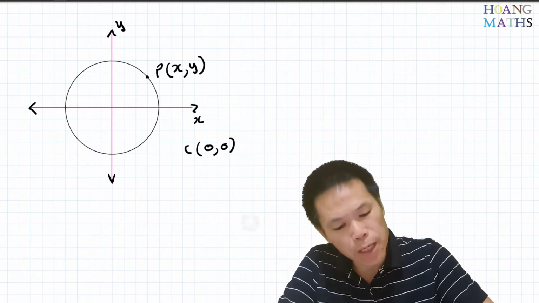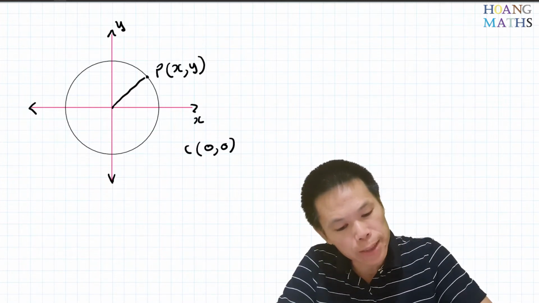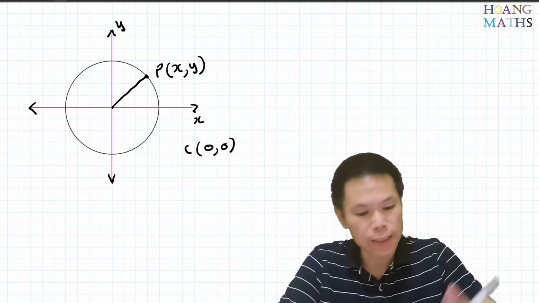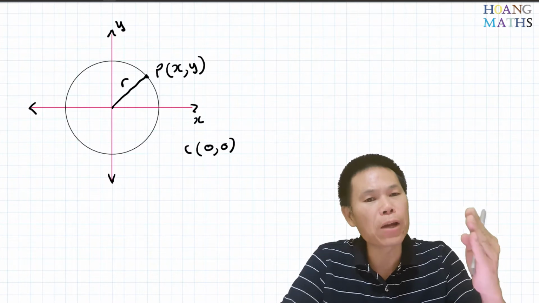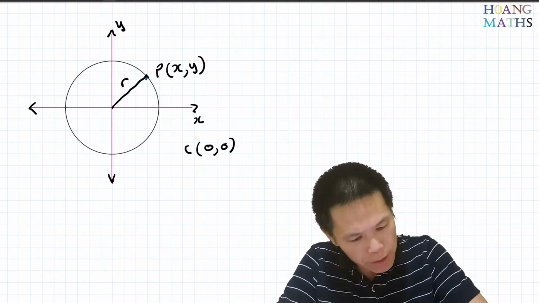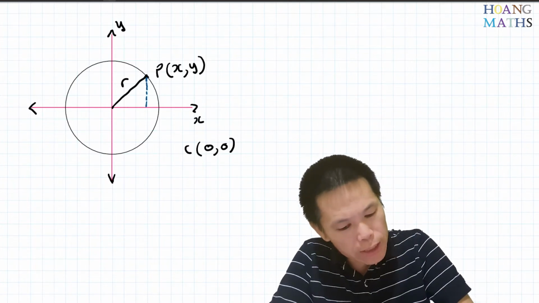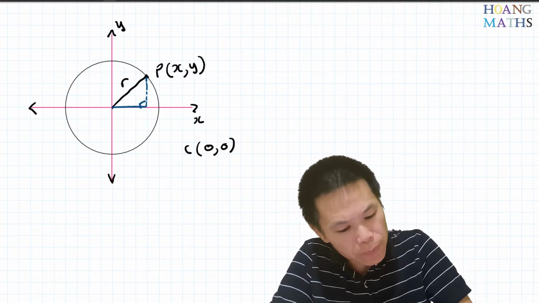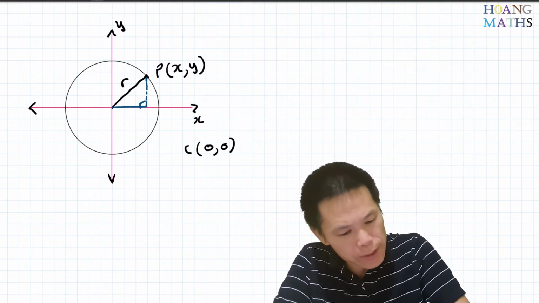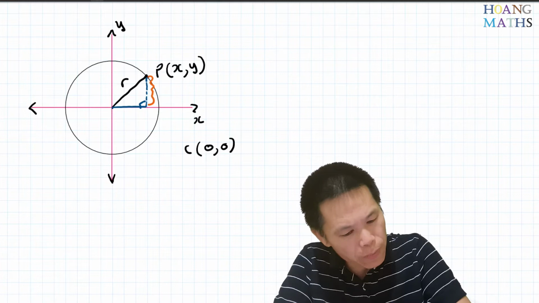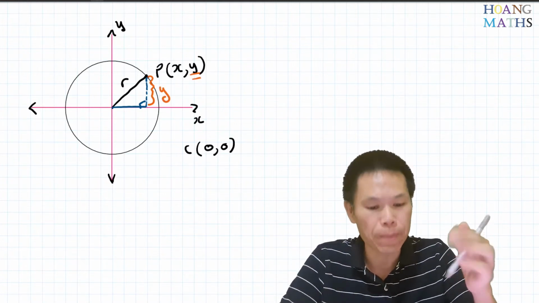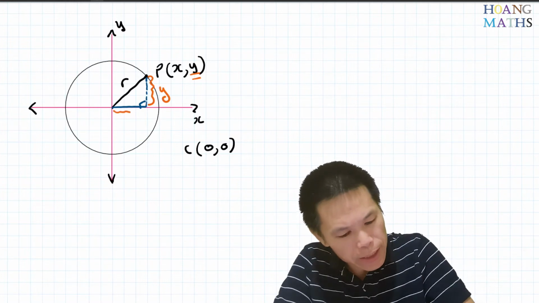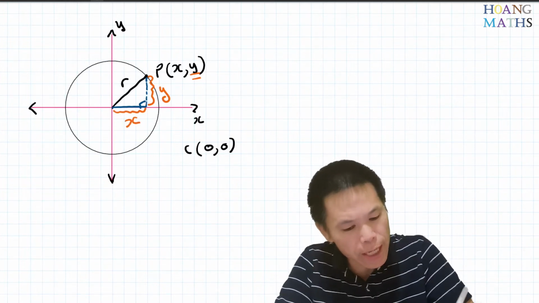From the center to this point is the radius, so let's name this R. Let me form a right angle triangle first. If I draw this straight line down, this distance from 0 to Y is Y, and the length of this side is X.